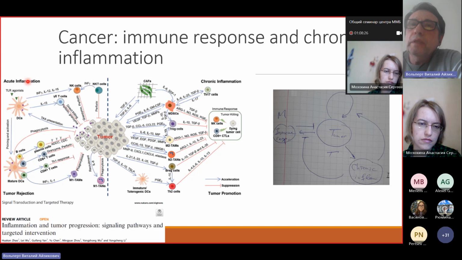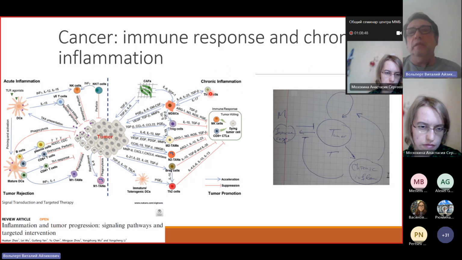Acute inflammation is a part of the immune response, and the immune response tries to eliminate the tumor. But chronic inflammation, here, is not considered as a question of short and long. These are just different mechanisms, and probably they can develop simultaneously.